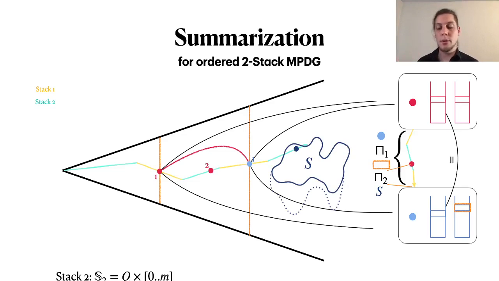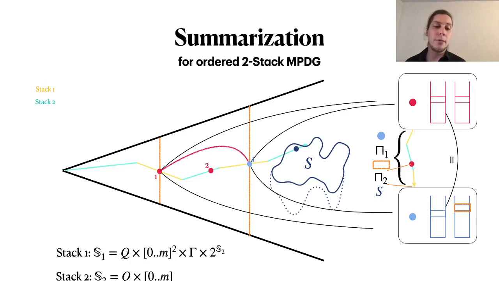Okay, and this is something that slightly got missing in the previous construction. With this we have the set of summaries for stack 1, which consists of the state space, the priorities for both stacks, the top of stack symbol for the second stack, and a subset of all the possible summaries for the second stack.